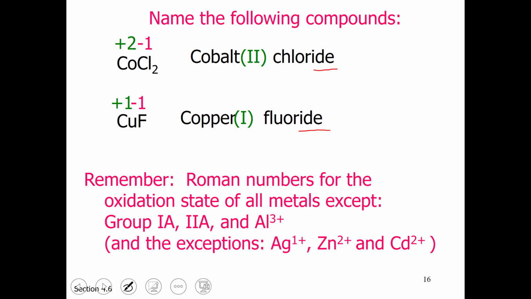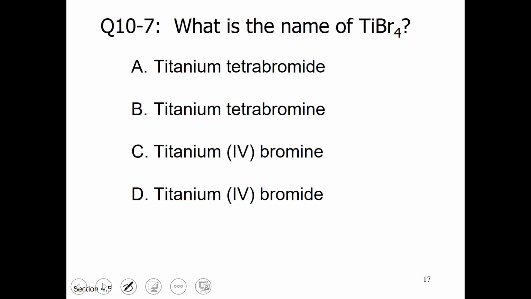So remember, we use Roman numerals for the oxidation states of all metals, except for things in column 1, things in column 2, aluminium 3+, silver 1+, zinc 2+, and cadmium 2+. So Roman numeral anything you like except for those particular items.